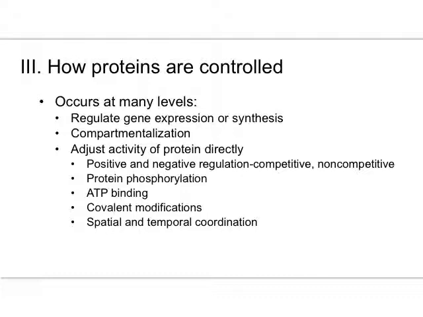But what we're going to look at in the rest of this chapter is really how protein activity can be directly regulated. So there's a list of ways that it can be regulated below here. And we're just going to go through these one by one and look at some examples of each of these types of regulation.